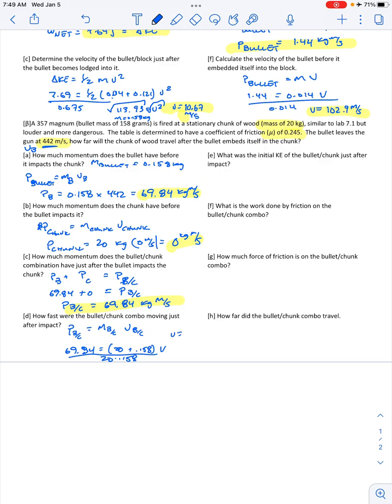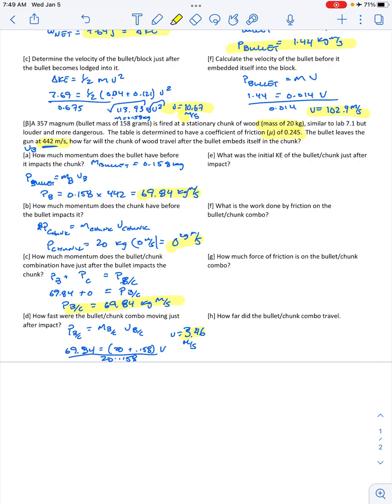Our V here, divided by 20.158 on my calculator, is going to be 3.46 meters per second.